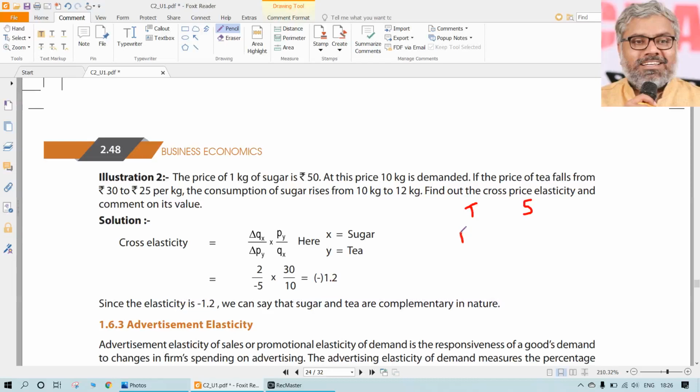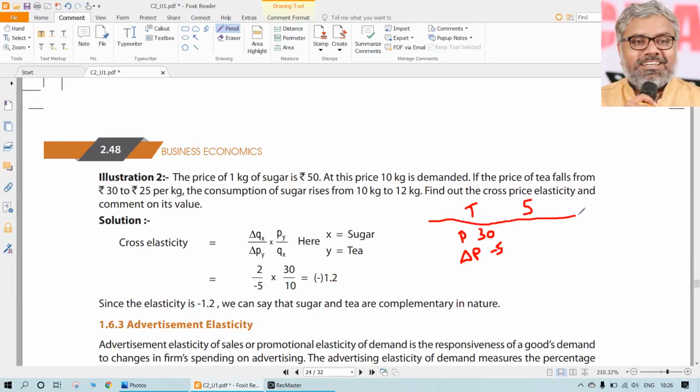So the price of the tea, originally the price was how much? 30. Original price of the tea was 30. Now delta P, the change in price. Understand this very carefully. Delta P is the change, what? Fall. Fall means minus 5, not 5. From 30 it has become 25. So delta P is minus 5.